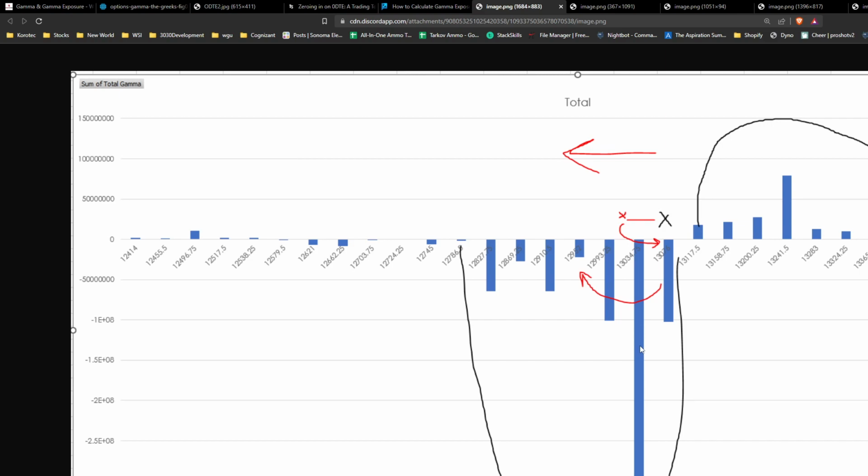Similarly, if you're going from low gamma strikes to high gamma strikes, you also have to be careful. For instance, on the upper side here, the positive side, what you're likely to see is that the high gamma strike, as you're running up the chain, is almost like an exhaustive period. Not always, but a lot of times it's an exhaustion.